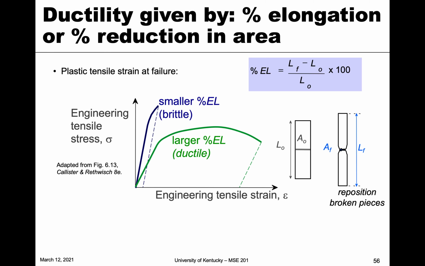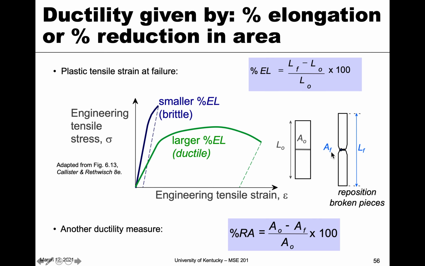But as you know, Poisson's ratio relates the axial strain to the lateral strain, and the lateral is related to the area. So we can also define ductility by a reduction in area. That's the final area here.